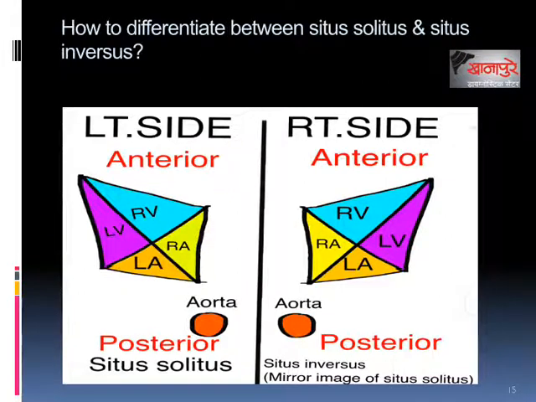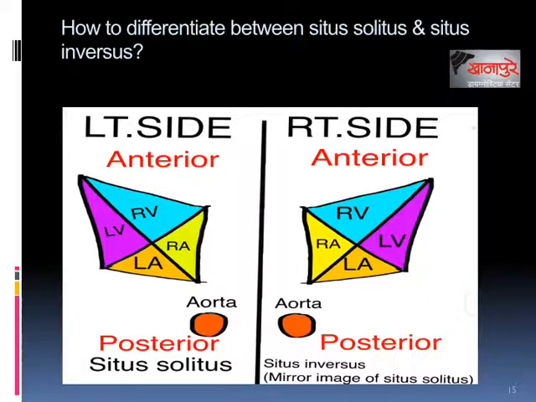There are three common situs that should be differentiated from each other. First one is situs solitus, that is normal situs. Second one is situs inversus. If you flip situs solitus, you will make the image of situs inversus.